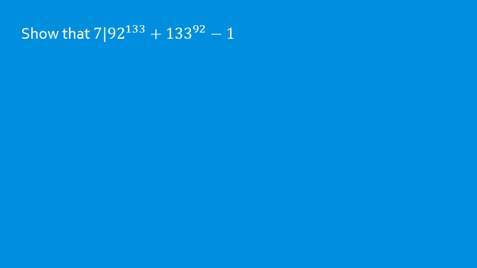Show that, and this is going to be our last problem, show that 7 divides 92 to the 133 plus 133 to the power 92 minus 1.